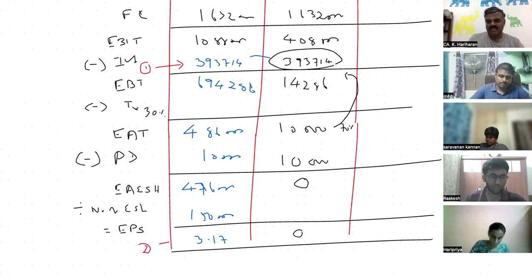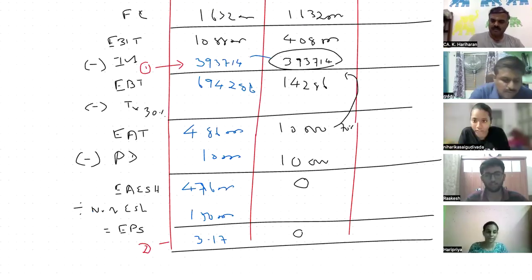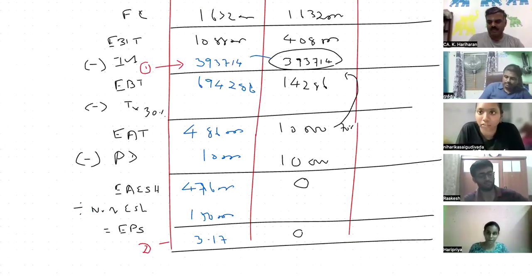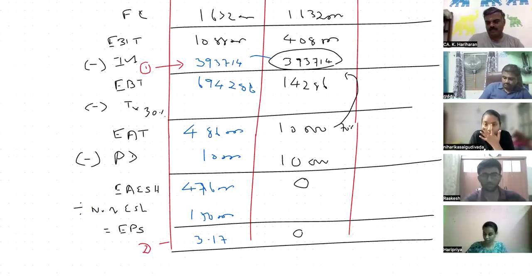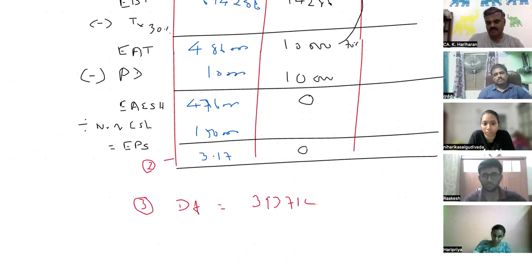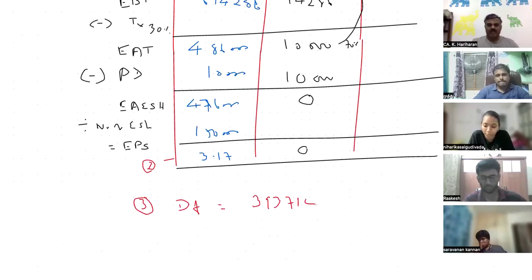How much interest came? 3,93,714. That is 12% interest. Therefore, debt fund is 32,80,950. Got it? All the requirements are over.